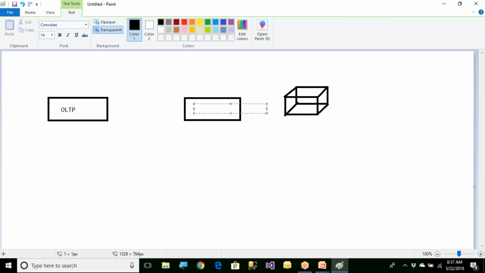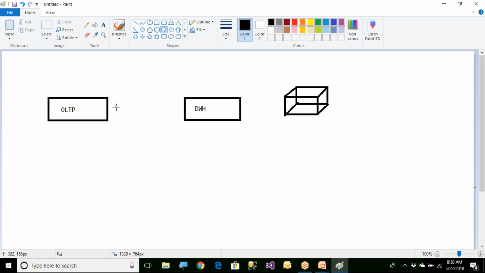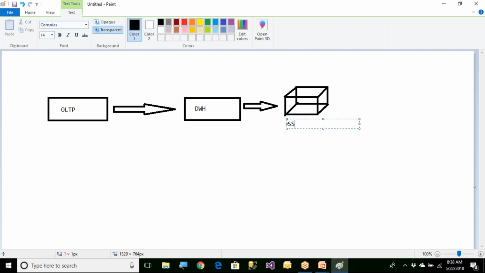I'm not drawing the staging in between. From the OLTP data, with the help of ETL, we create a data warehouse. Once it is created, the data goes to the SSAS system, where you can create a cube and perform multi-dimensional analysis.